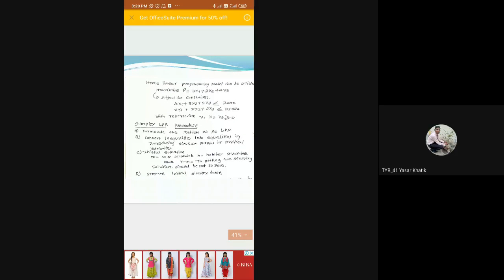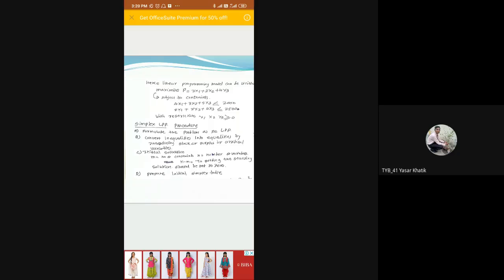Now the linear programming model can be written as follows. Maximize P, where P is the profit: 3x1 plus 2x2 plus 4x3, subject to the constraints. The equations related to time that we have formed are the constraints. So the constraints are: 4x1 plus 3x2 plus 5x3 less than or equal to 2000.